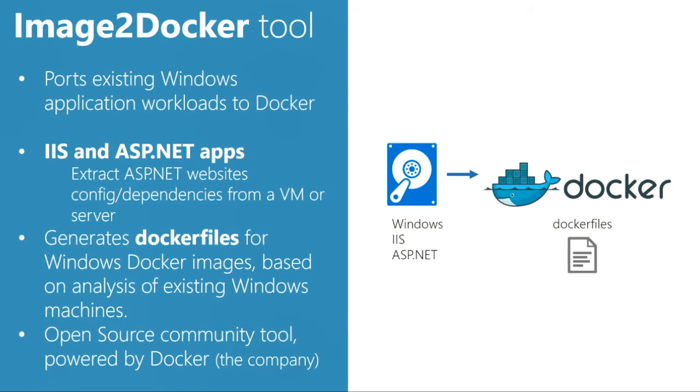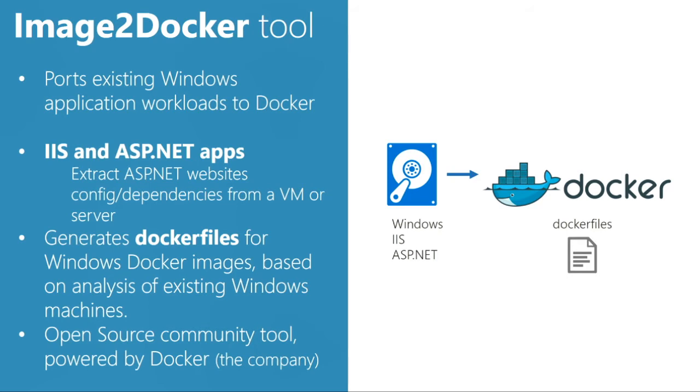If it is an application you have in a server and there are many, many configurations and dependencies in that IIS box and so on, Docker created a tool called Image2Docker. It goes to an IIS server where you can have that application with a lot of different configurations, maybe settings in IIS, a host header, another application as a dependency, an MSI that has to be installed in the box, or it's a WCF service and you need to activate WCF in IIS and so on.